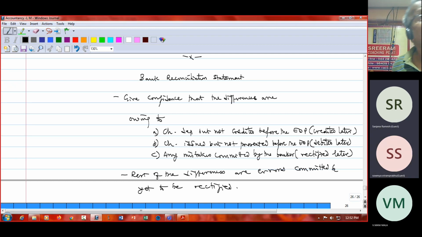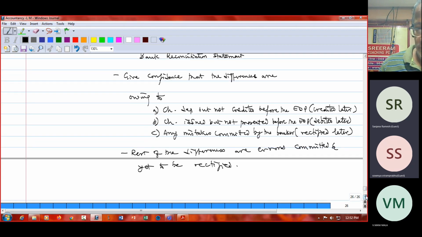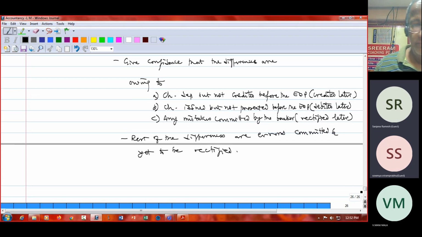That is the reason as to why some of the problems will have you rectify a cash book and then prepare a bank reconciliation statement. Okay. Rest of the difference is errors committed and yet to be rectified.